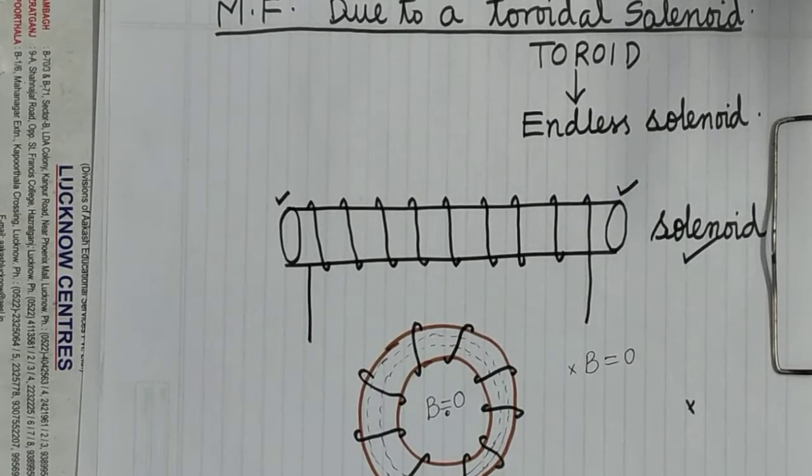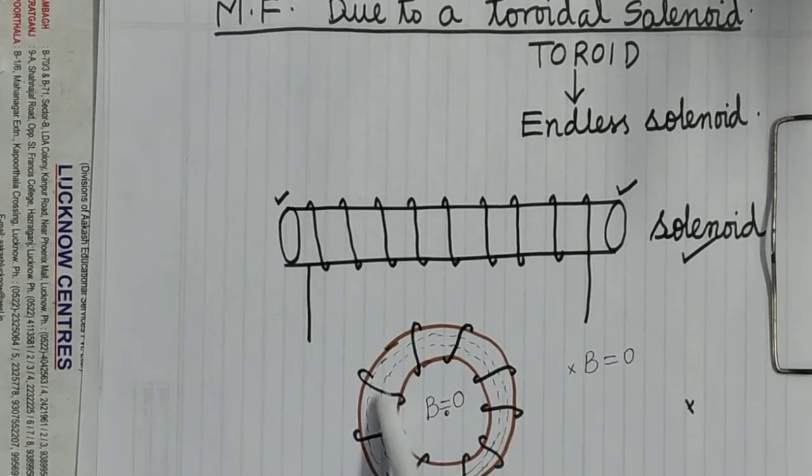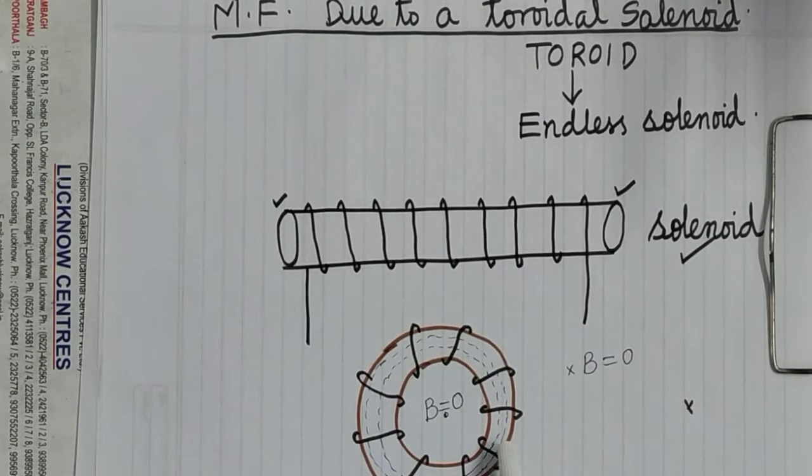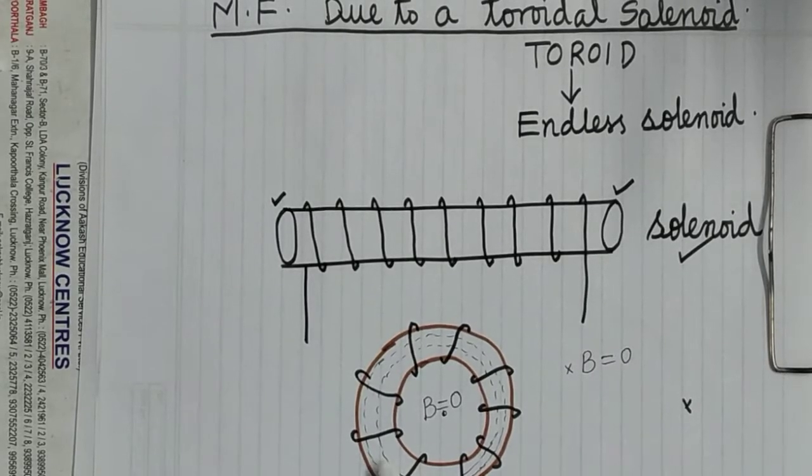Outside the toroidal solenoid, there will be no magnetic field. But inside the core of the toroidal solenoid, there will be magnetic lines of force in the form of concentric circles. Now we will deduce the magnitude of the magnetic field inside the core of the toroidal solenoid.